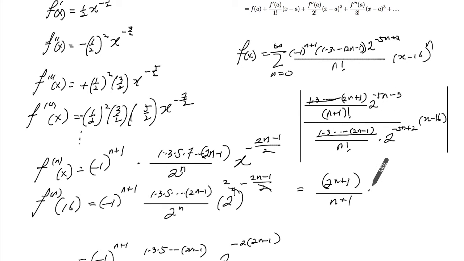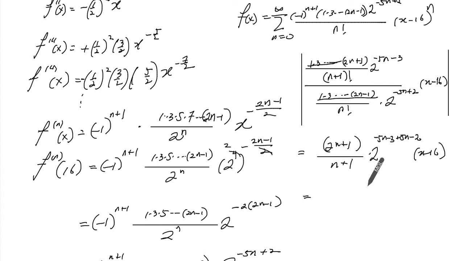Okay, and we have 2 to the power of minus 5n minus 3 plus 5n minus 2. So that cancels out and it gives you minus 5.